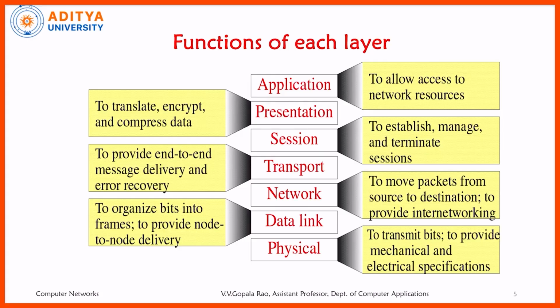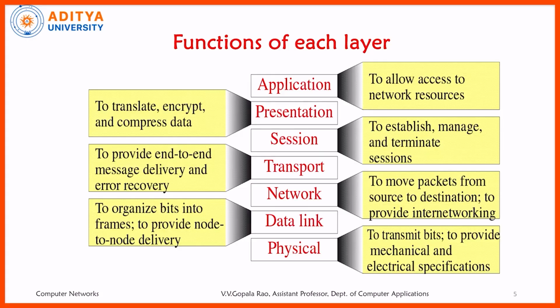From one device to another device, from one source to the destination. Suppose you are able to see overall how it is happening, then it can be called end-to-end. The transport layer is responsible for the job of end-to-end message delivery and error recovery. So error recovery is another important responsibility of the transport layer.